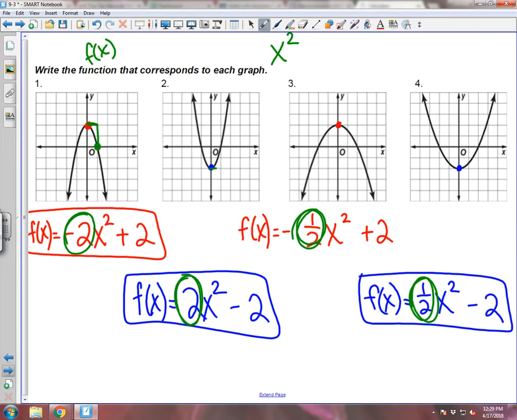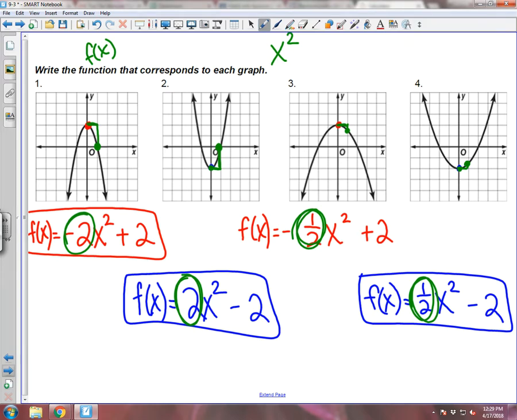In this case, it's 2. In this case, it's 2. If I go over 1 unit from my vertex, I only have to go a half a unit for that one. And it's only a half a unit for that one as well.